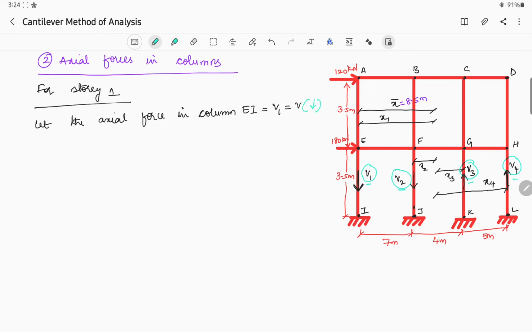The directions are important. If two forces are going in upward direction, then the remaining two forces should go in downward direction. This is very, very important.